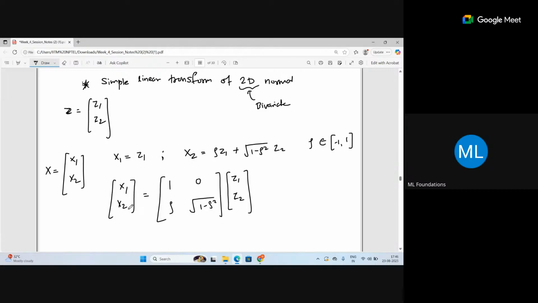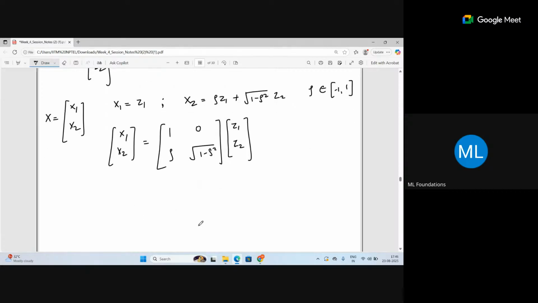Is that okay? Now if I write in this format, they represent the same thing: x1 equals z1 and x2 equals this one. I think it is fine, right? So I can compactly write this as x equals the matrix 1, 0, rho, square root of 1 minus rho square, times z.